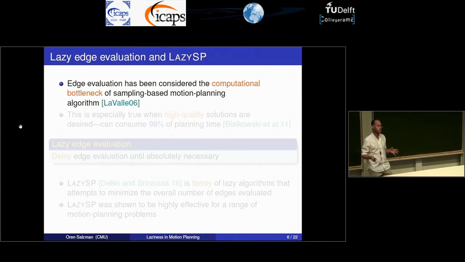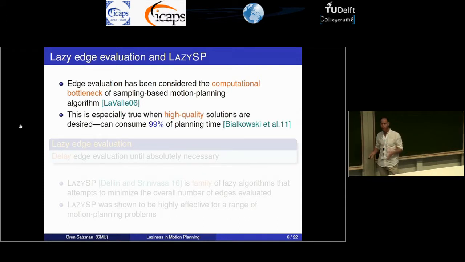So it's not node expansions, as is usually considered in A*-type algorithms, but what we call edge evaluation, testing if an edge is collision-free or not. And in some cases, it's been reported that 99% of the planning time was devoted to edge evaluations, not to the actual search, but just to checking if the robot intersects obstacles or not.